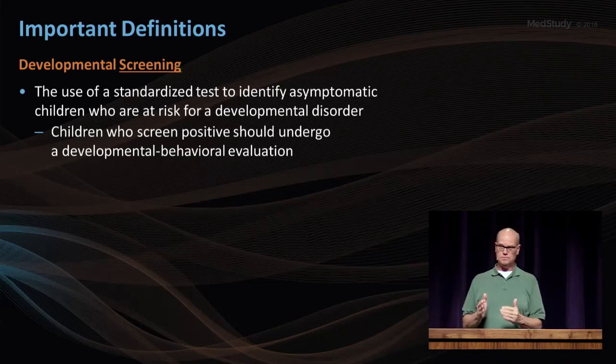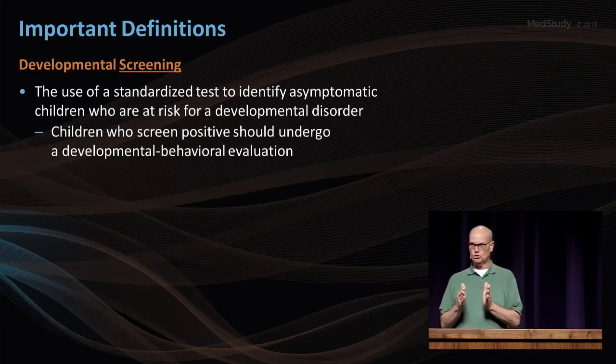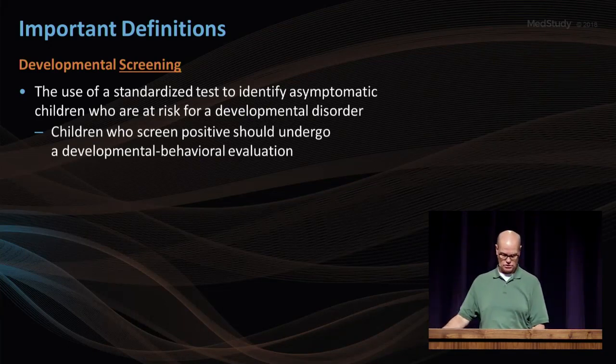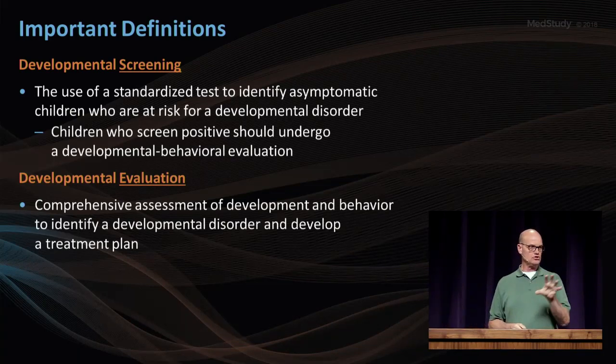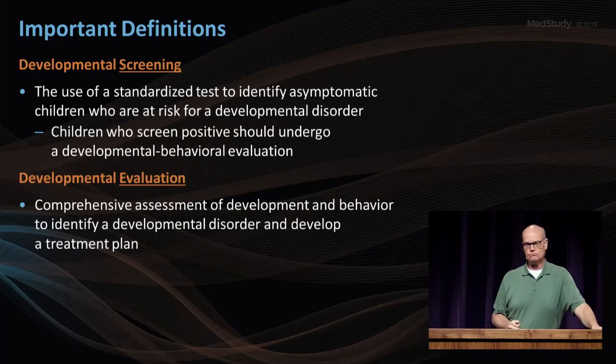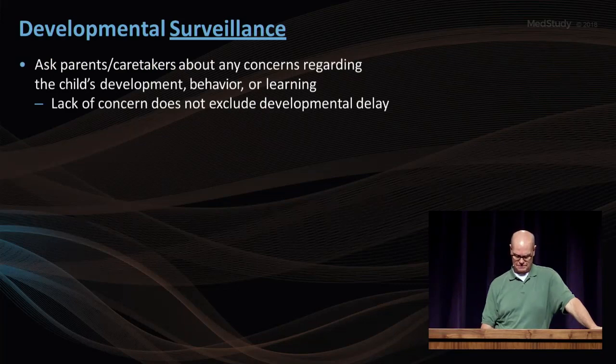So there's a difference between surveillance and screening. Screening is the action based upon what you learn from your conversation during surveillance. And then, if the screening raises major concerns, the child should be referred for a formal developmental evaluation. So just keep those definitions in mind from a well child care preventive pediatric aspect.